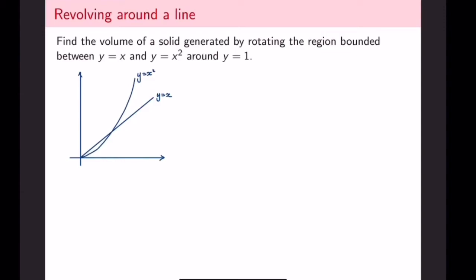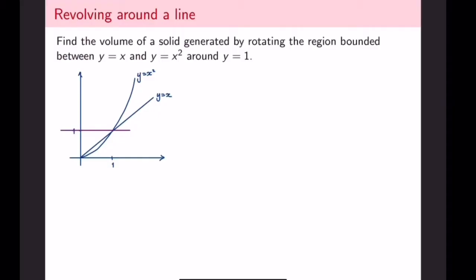Now, I know that my point of intersection happened at 1, which means that this was also 1. I might as well label them this way. And now I have to rotate this whole thing around y equals 1, which is, of course, this horizontal line right here.